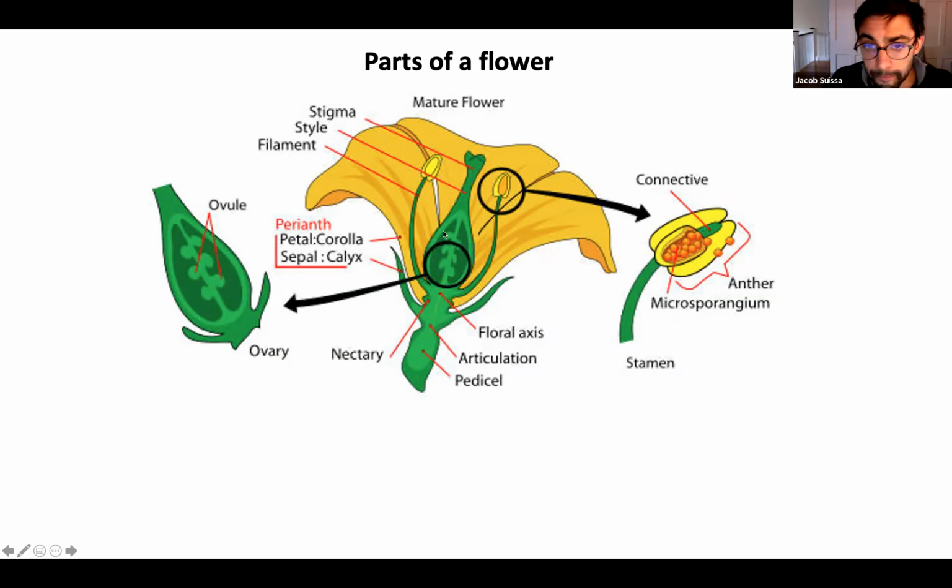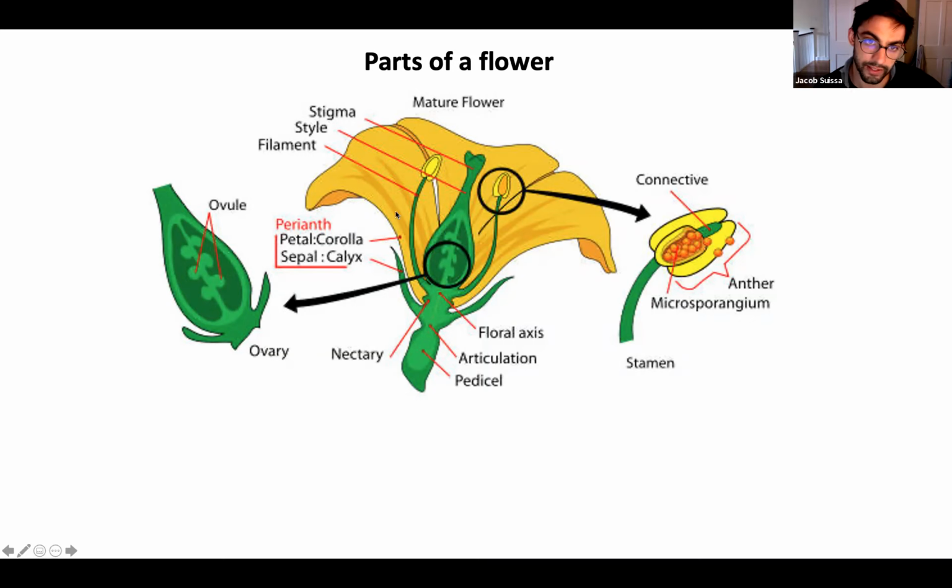So the other parts, generally what we think of as the most showy parts of the flower, although it's not entirely true in every flower, are the perianth whorls. As you can see here, there are two whorls in the perianth. There are the petals, which together form the corolla. So one petal is one petal, but if you're talking about the whole petaloid structure itself with all the different petals, then it would be termed the corolla.